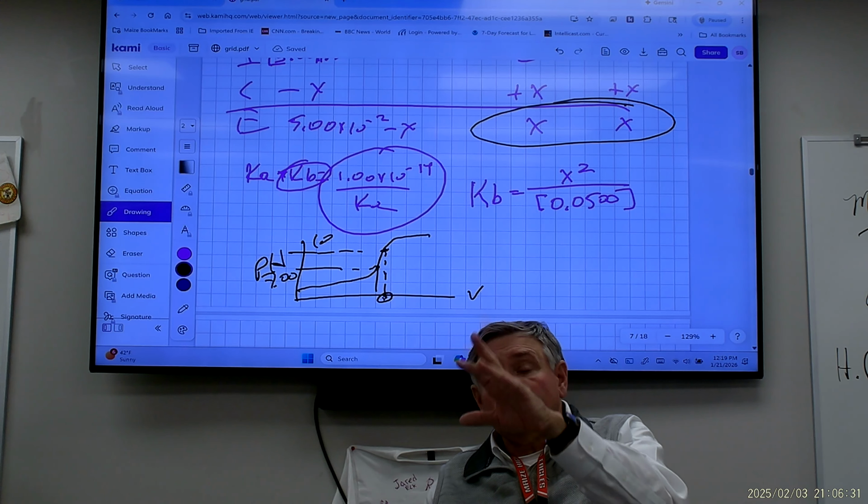If the equivalent point of that graph is above 7, promise you, you've titrated a weak acid. If that equivalent point is at 7, you've titrated a strong acid, because there's no secondary reaction to happen. Okay? Cool with that.